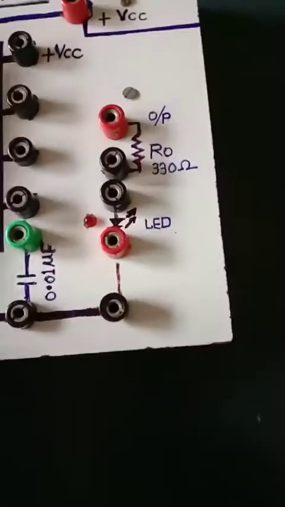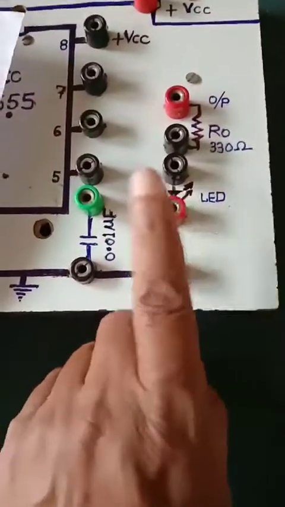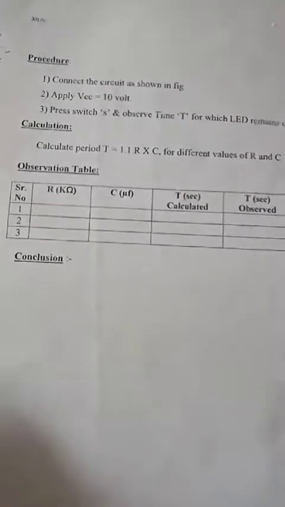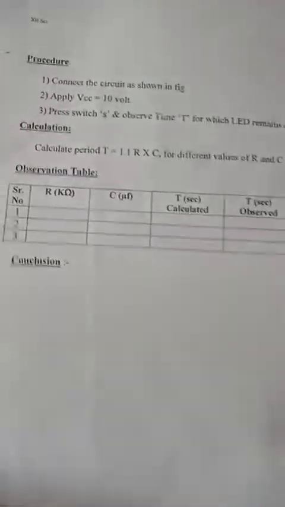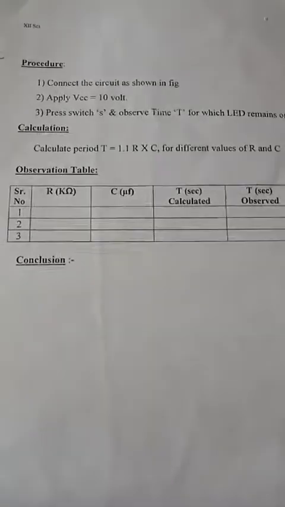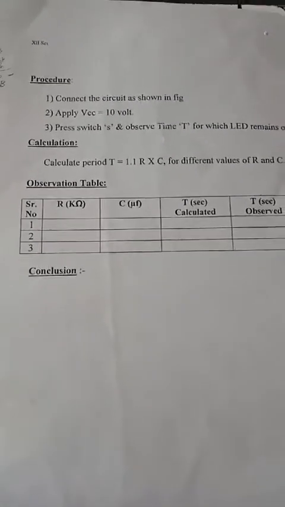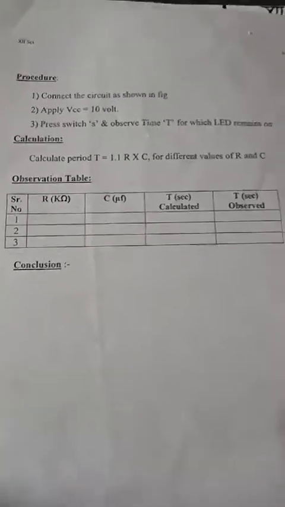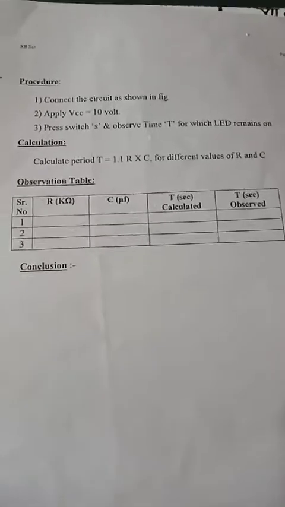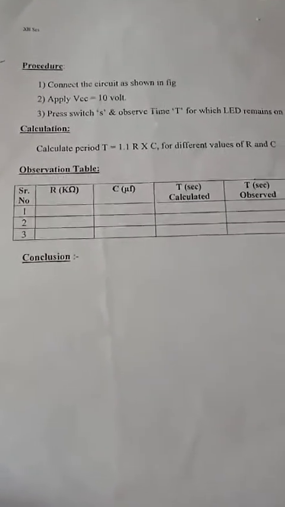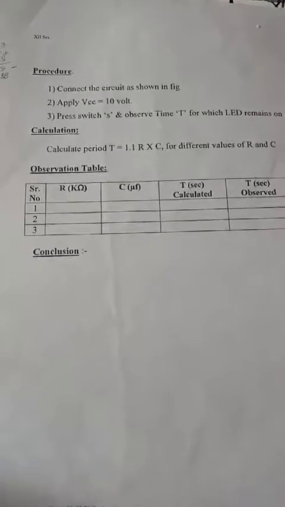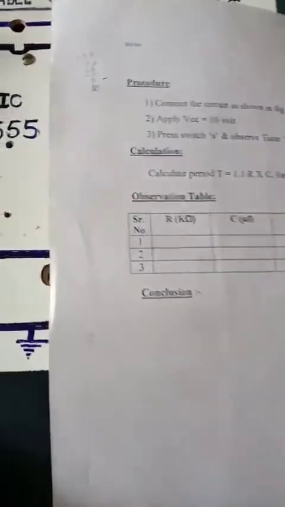We are connecting one LED at pin number 3. So the glow time, the time duration for which this LED is on, or this high duration, depends upon resistance R and capacitor C.